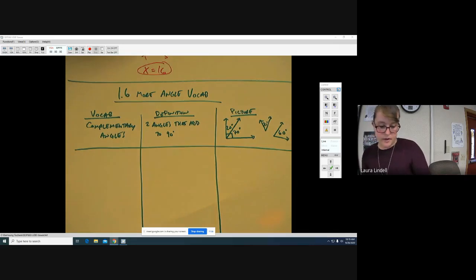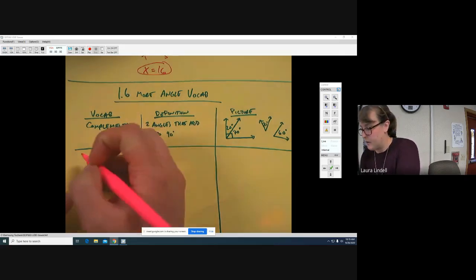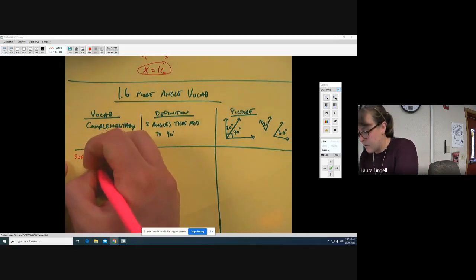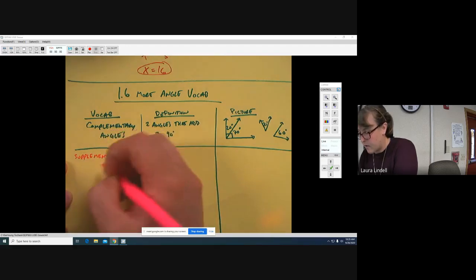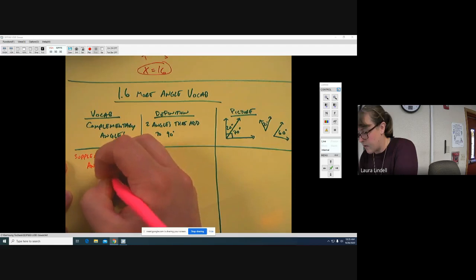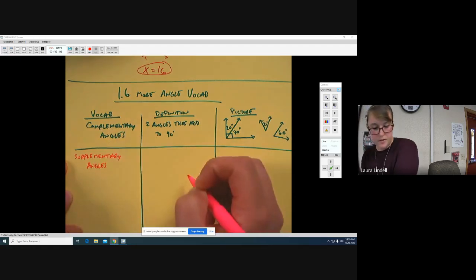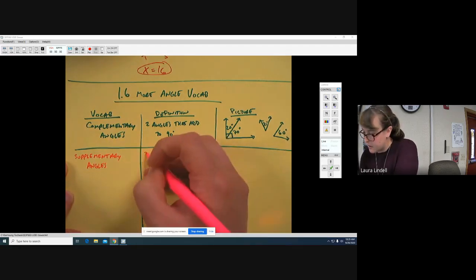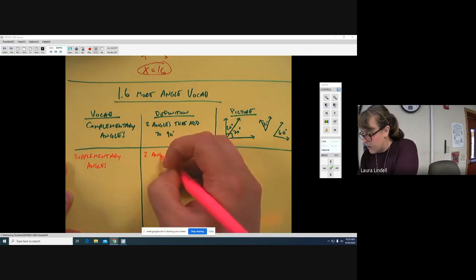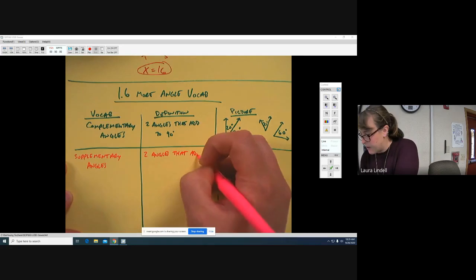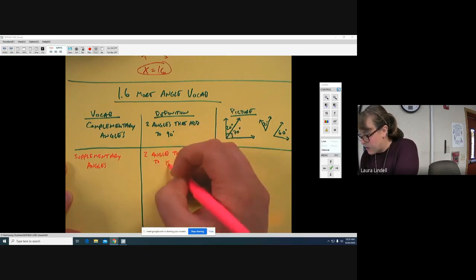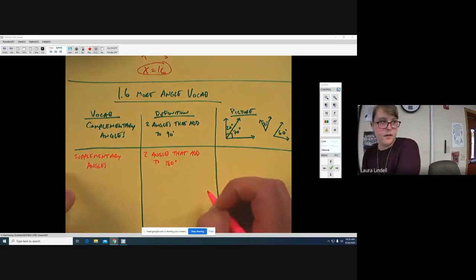Next one is supplementary angles. And this would be two angles that add to 180 degrees.